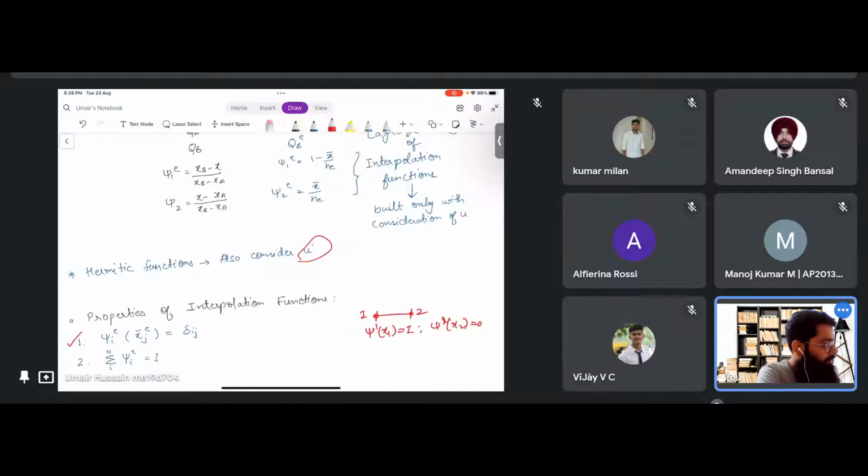So we'll have a value of psi 1 as this, and similarly for psi 2 we'll have this. If we take the solution here as u1 psi 1 plus u2 psi 2, then at x1 we'll automatically get the value u1.